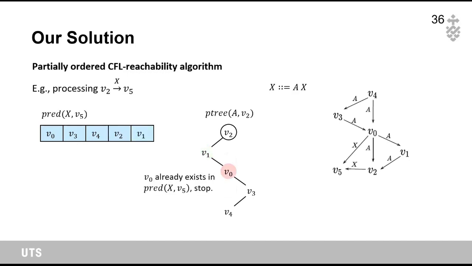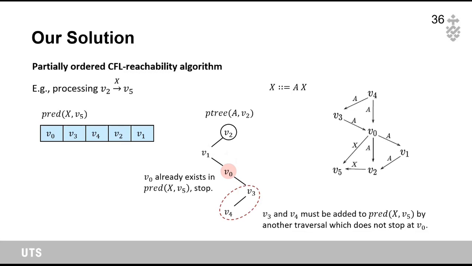Notably, while the traversal of P tree A v2 goes to v0, as v0 is already in the adjacency list pred X v5, the traversal stops. In this way, two redundant derivations caused by v3 and v4 are avoided. Here, stopping the traversal at v0 is safe because v3 and v4 must be added to pred X v5 by another traversal, which doesn't stop at v0.